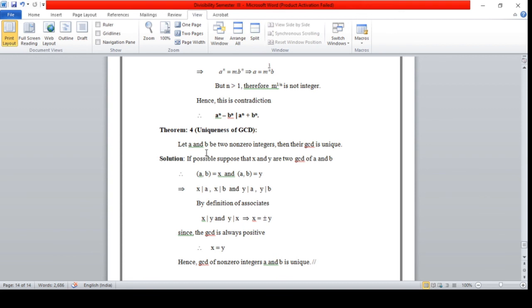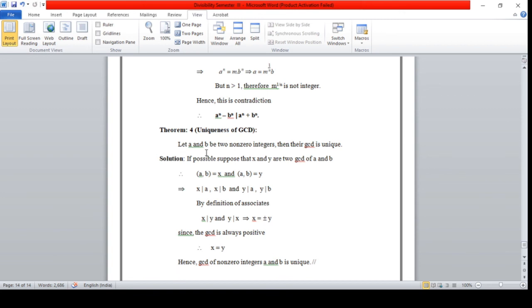This implies by divisibility x is a divisor of a, x is a divisor of b, and y is a divisor of a and y is a divisor of b. By definition of associates, x divides y and y divides x.